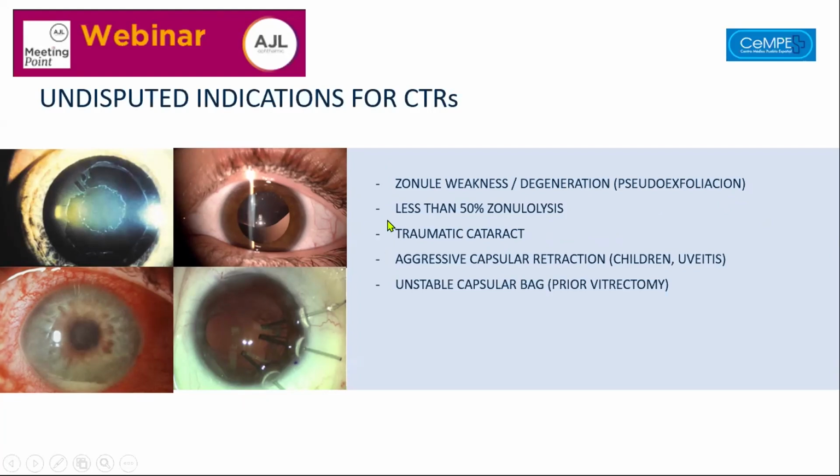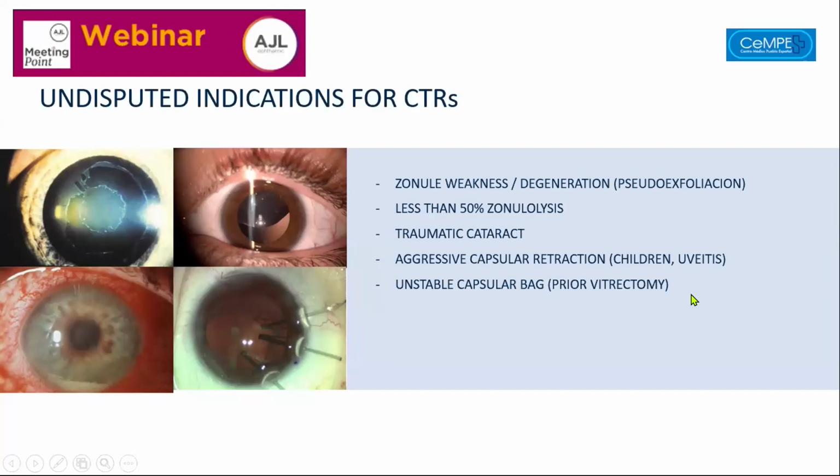Traumatic cataract: it doesn't matter if you see any damage in the zonule or not, you must assume there's a problem or there's going to be a problem in the zonule. So it's better to implant the capsular tension ring. Conditions in which you presume there's going to be an aggressive capsular retraction, like uveitis and children's cataracts. And of course, unstable capsular bags, for example eyes with prior vitrectomy.